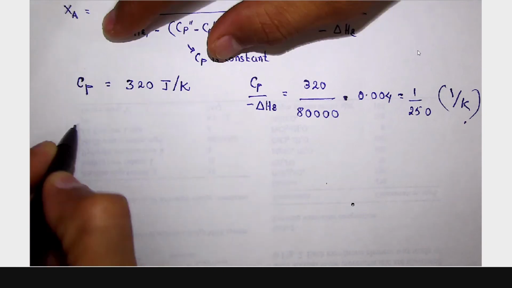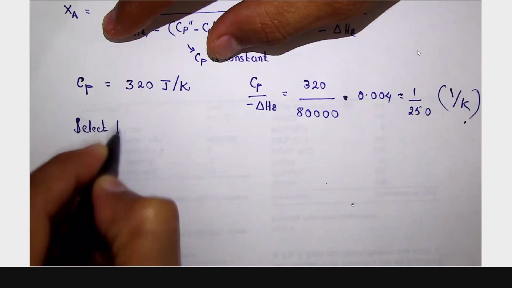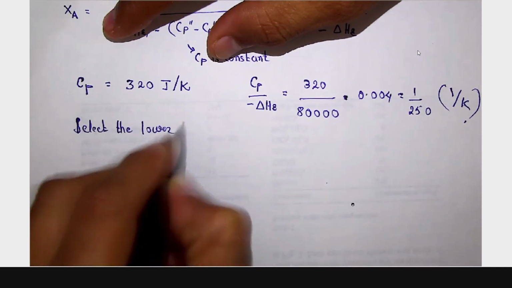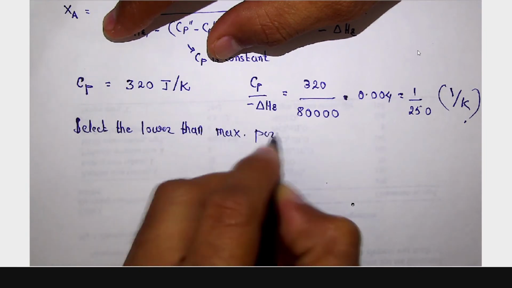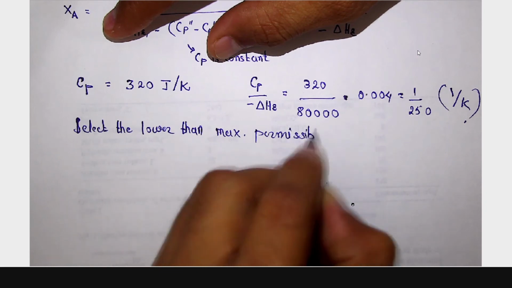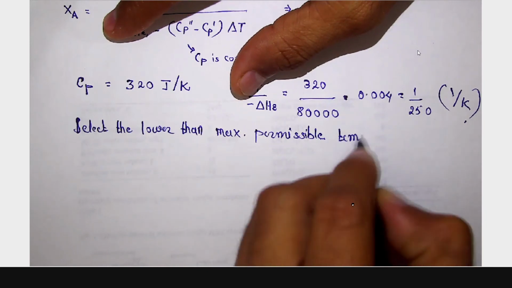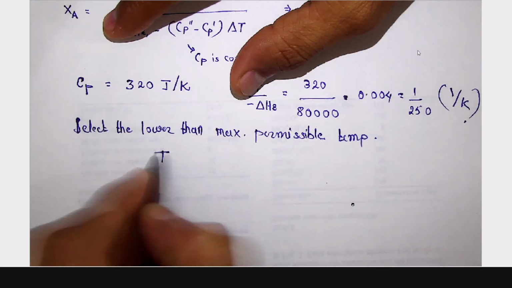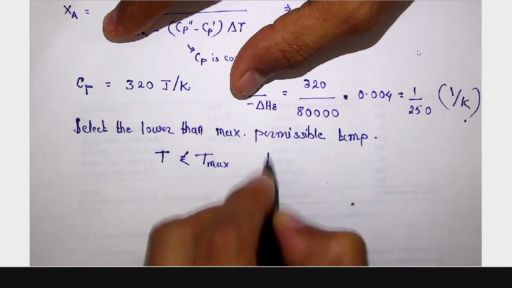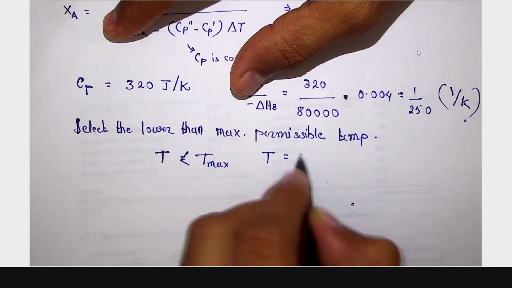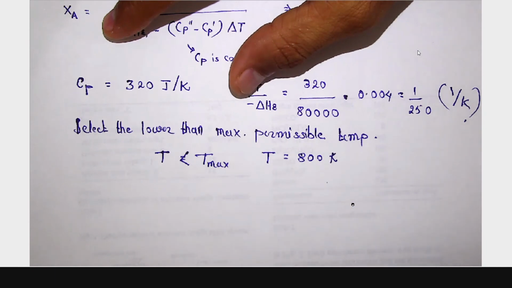So select a temperature lower than the maximum permissible temperature. T should be less than T max. So we can take T as 800. You can take 850 also, no problem.